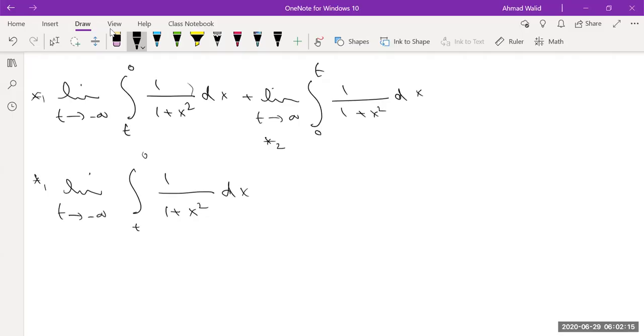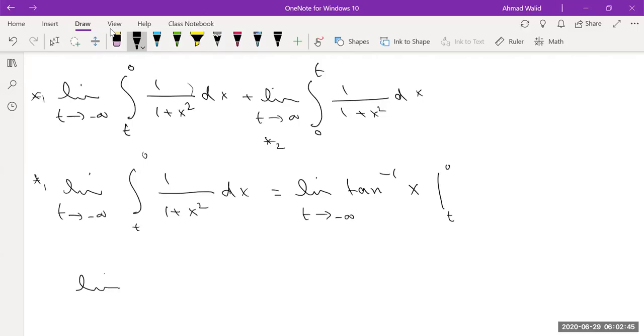The integral of 1 over 1 plus x squared is inverse tan x. Then you can write this as a limit of tan inverse of x from t to 0.